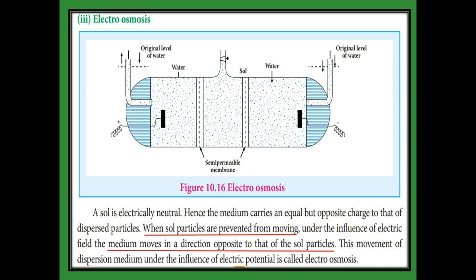Electrophoresis means the dispersed phase moves under the electric field. But electroosmosis means the dispersion medium moves under the influence of the electric field. This movement of the dispersion medium is called electroosmosis.